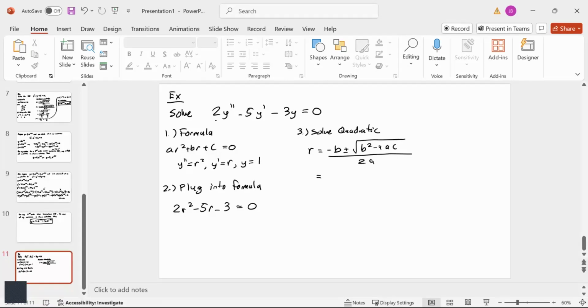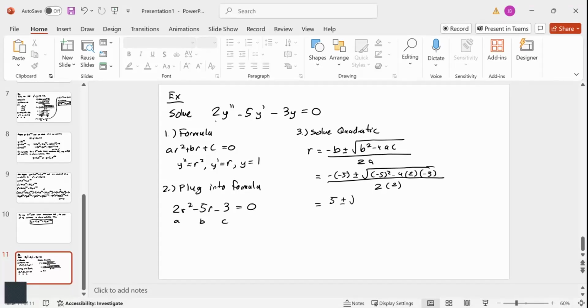So then I plug everything in. That's a, that's b, and that's c. So we get negative 5 plus or minus the square root of negative 5 squared minus 4 times a, which is 2, and then c is negative 3, all over 2 times 2. And then through some simplification, we get 5 plus or minus the square root of, again, 49.